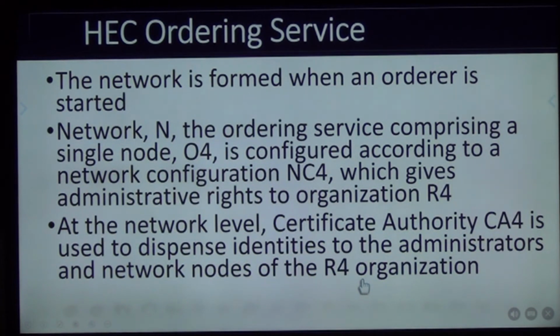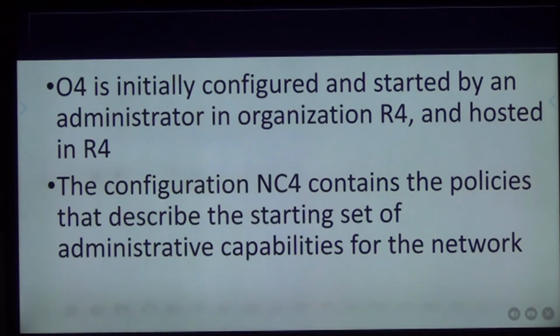R4 organizations की अगर कोई nodes ने इसमें हिस्सा लेना है नेटवर्क में, ठीक है, so CA4 आपने क्रिएट की है only to let HEC की different nodes to get a digital certificate. ठीक है, so CA4 उनको digital certificate दे देता है जो nodes इस का हिस्सा बनना चाहती हैं.